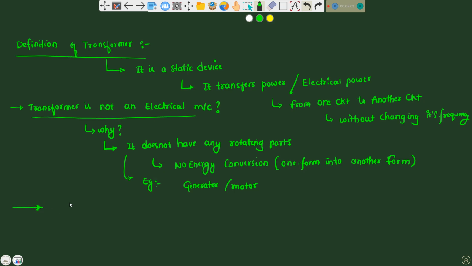If we talk about some features of the transformer, what are all the features of a transformer? First we should know that the transformer is a constant frequency machine.